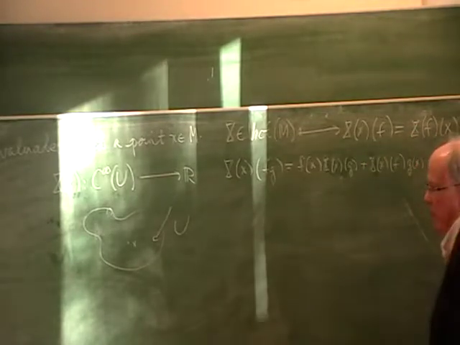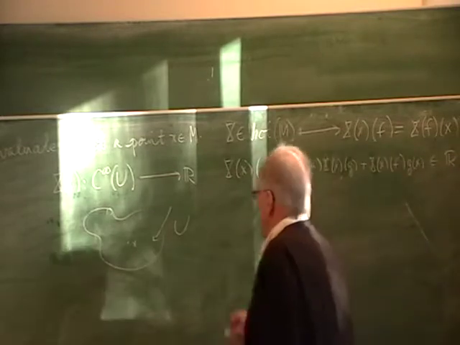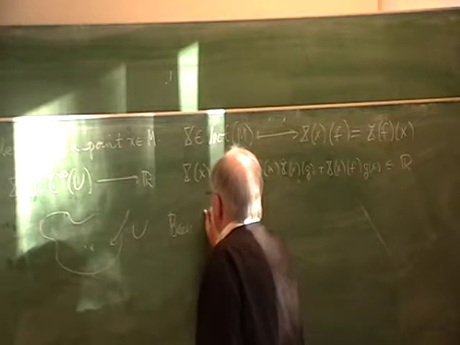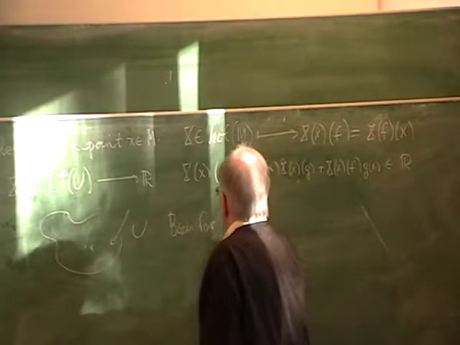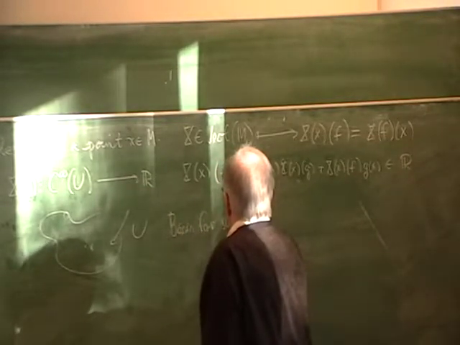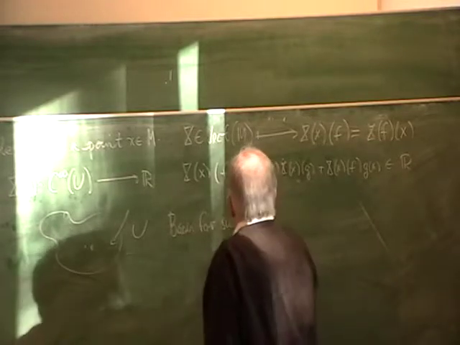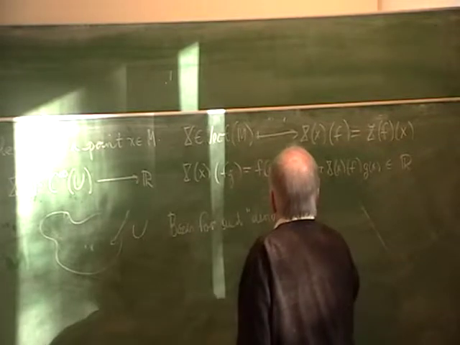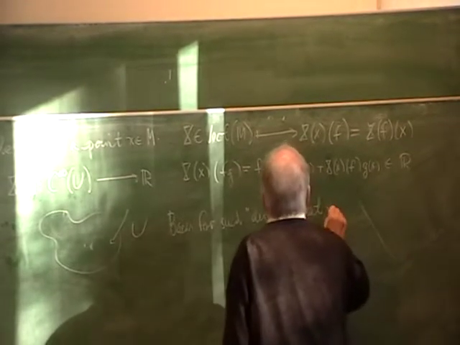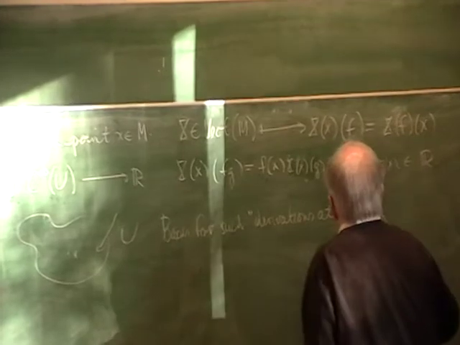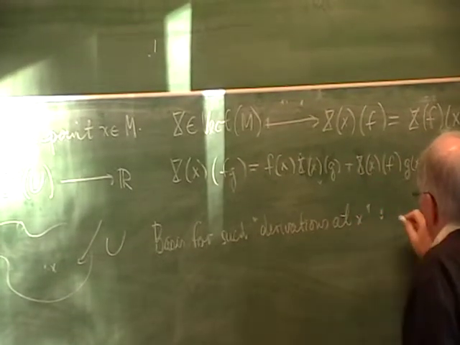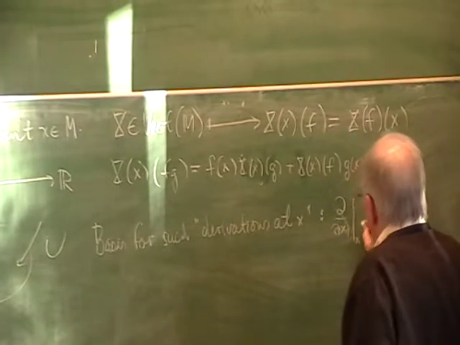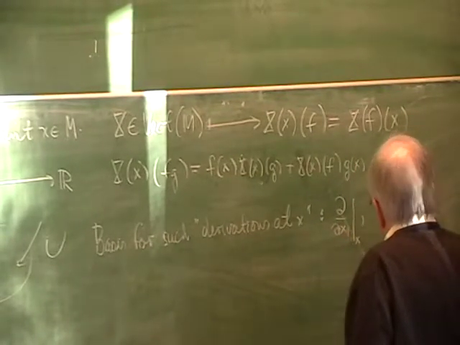It's an evaluated derivation. And so what that says is that a basis for such derivations at a point was the same guys, namely ∂/∂x_1 at the point, up to ∂/∂x_n at the point.